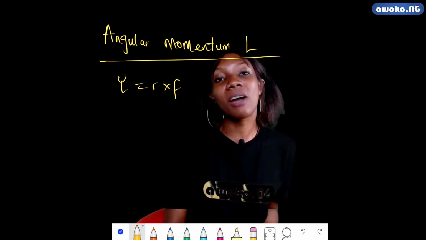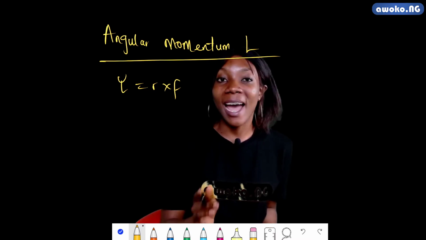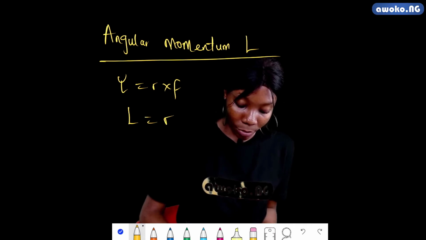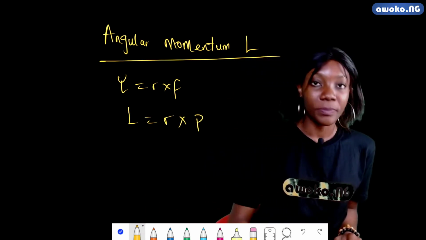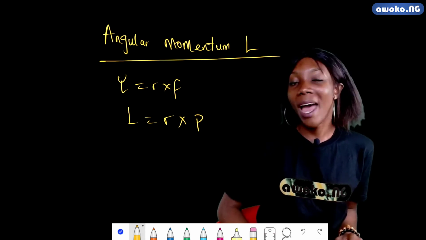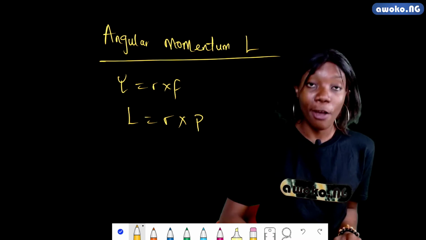So we define angular momentum L mathematically as L equals r cross P. This is also the relationship between angular momentum and linear momentum, just like that of torque and force.